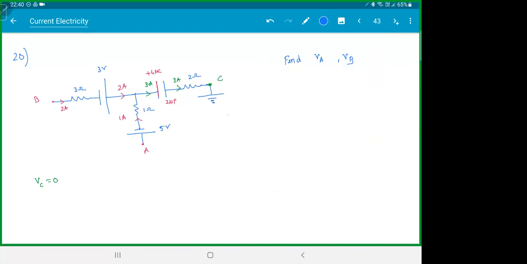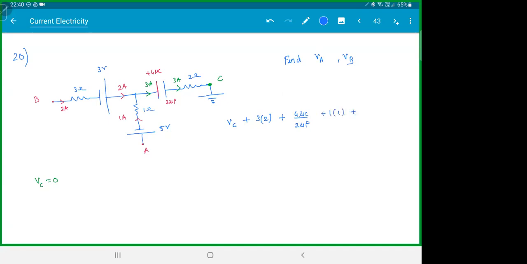Start from C. VC. Then you're going opposite to the current, so plus 2I into R. Then you're going from negative to positive plate, plus 4 microcoulomb by 2 microfarad. Then you're going down, from VC to VA. Again, you're going opposite to the current, so 1 into 1.